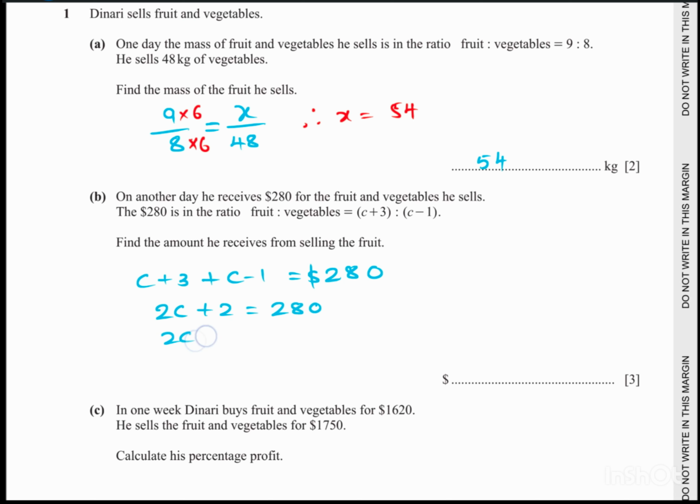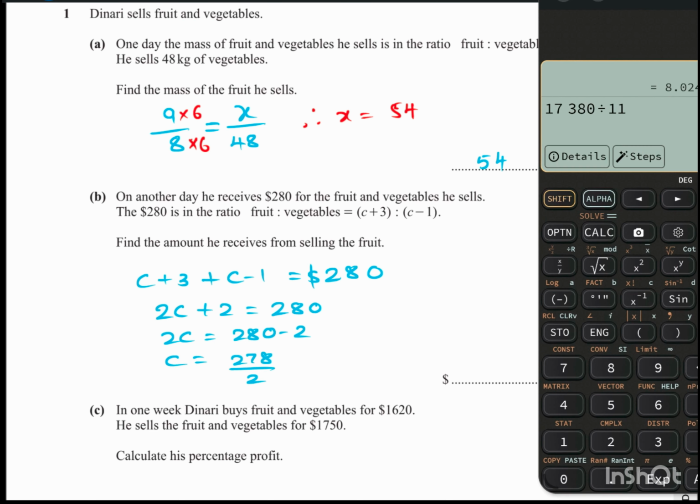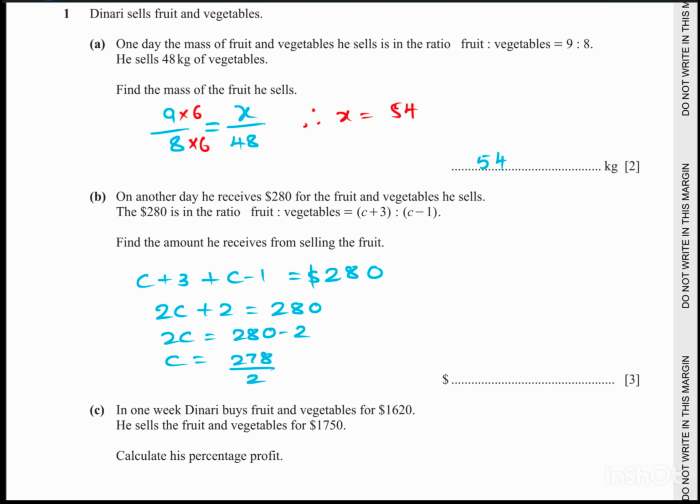Then 2C will be 280 minus 2, and C will be 278 by 2. 278 divided by 2 is 139. So this is the C value.